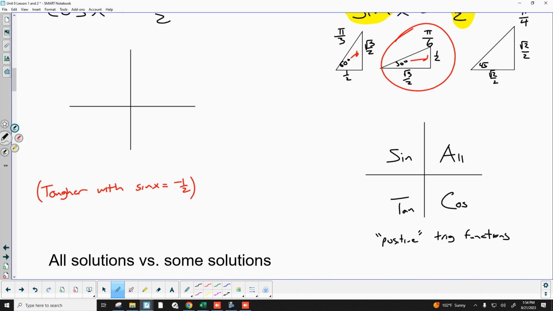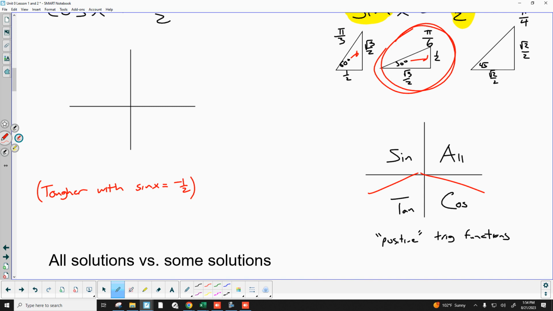Cool. Now, all I need to do is combine my knowledge of this triangle and this being my trig functions that are positive to know that sine will be negative in the third and the fourth quadrants. I just need my pi over 6 angles in the third and the fourth quadrant.